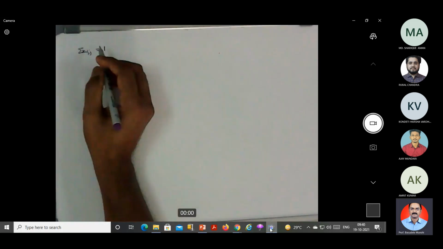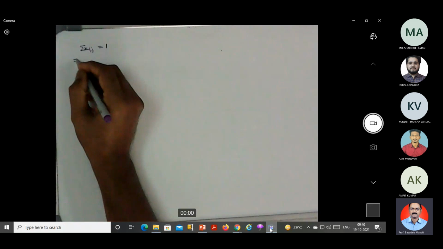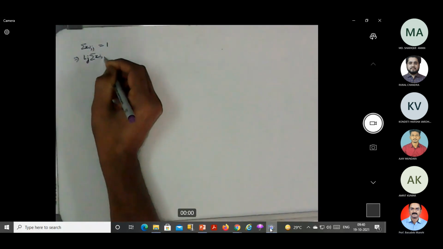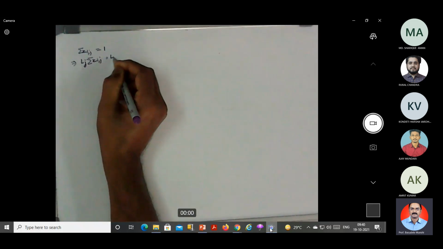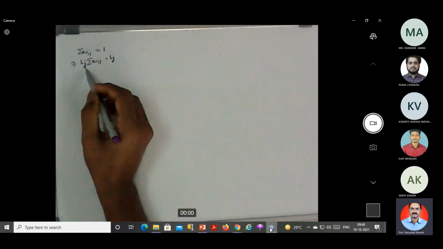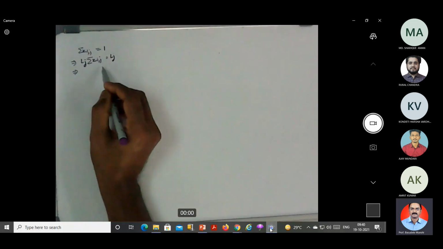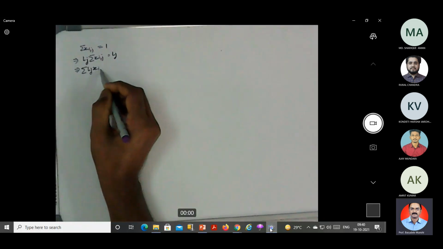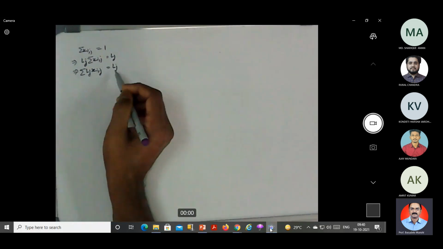Now we can multiply both sides by Lj. Doing that we get Lj into sigma xij equal to Lj. Now if we take Lj inside, we get sigma Lj into xij equal to Lj for any particular stage j.